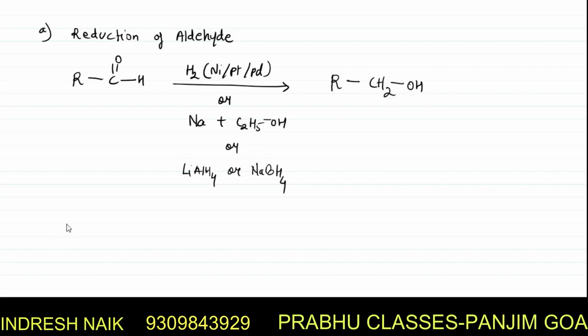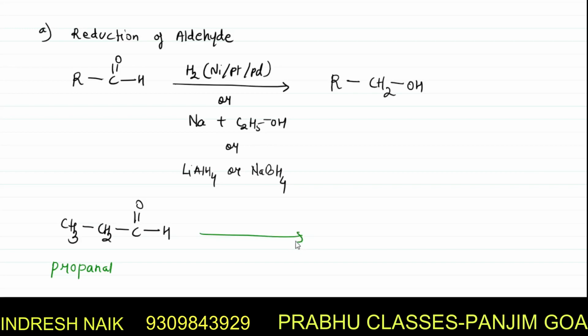That is RCH2OH. Means if I have a compound this way, CH3, CH2, C double bond O H, what is the name of this compound? The name of this compound is propanal.